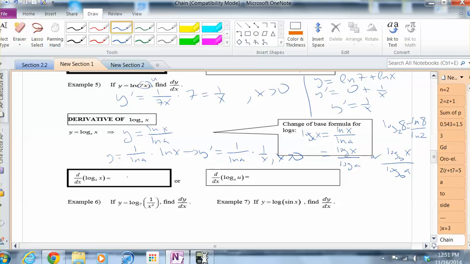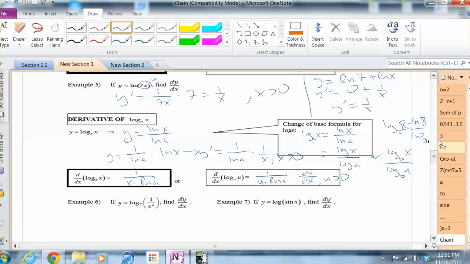So we can express this more compactly as 1 over x times the natural log of a. Or, if you're not taking log of a simple x, say something else like log of x squared plus 4 or whatever, it's 1 over u times ln a, where a is the base of your log, times du dx, which is again using the chain rule, given that whatever u is has to be greater than 0.